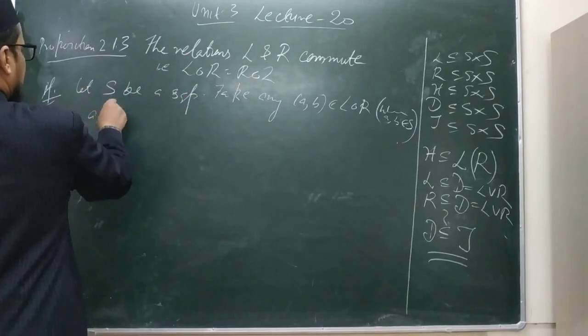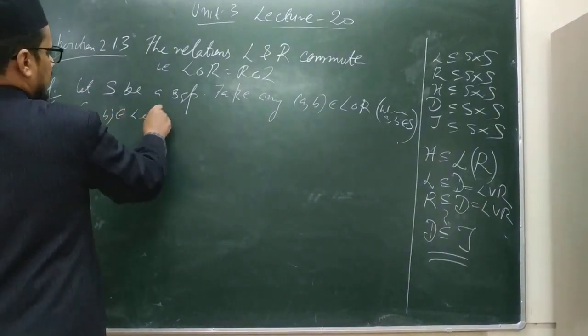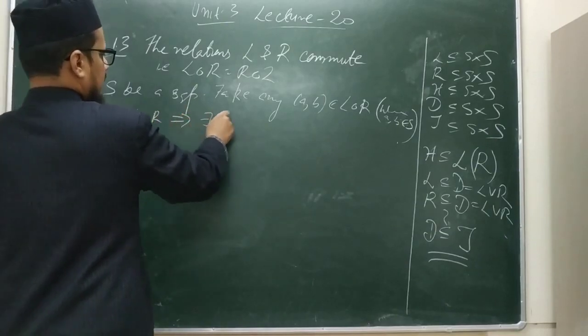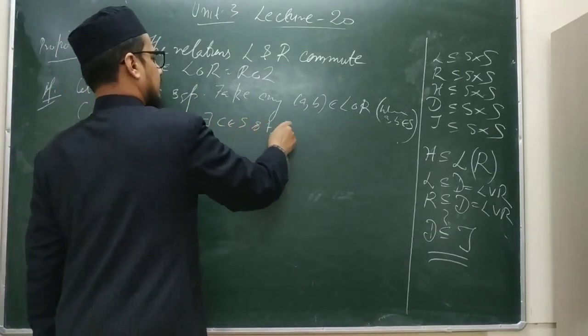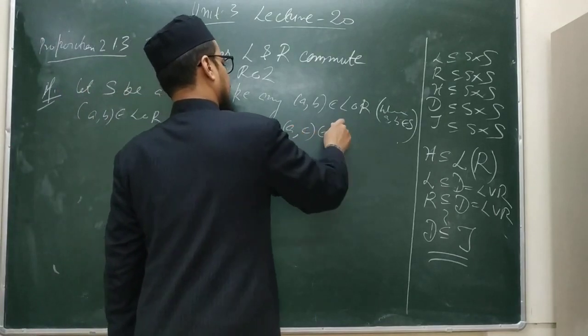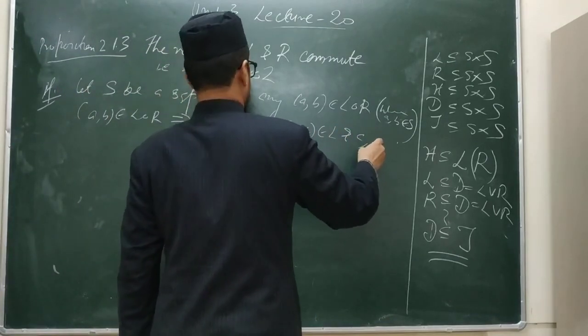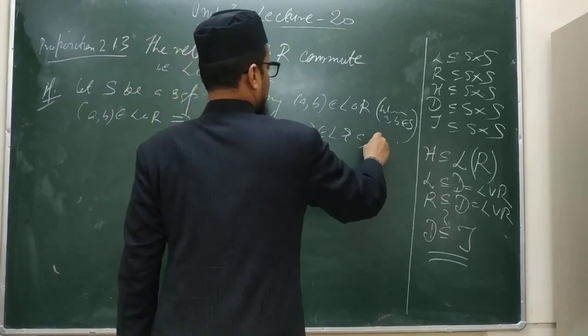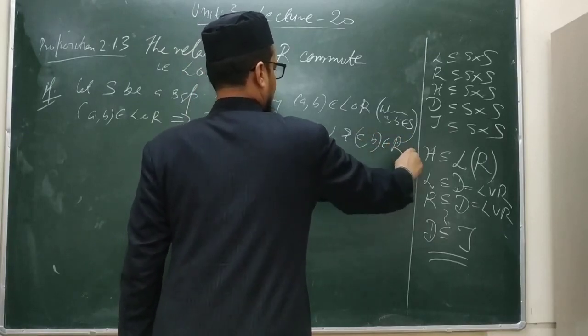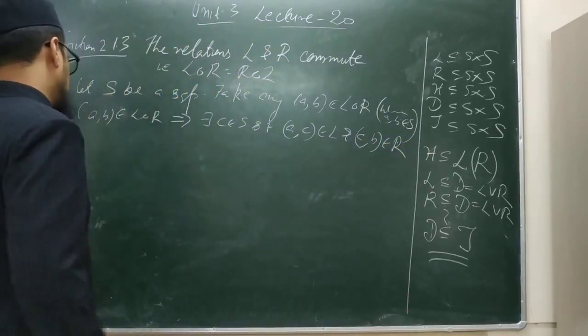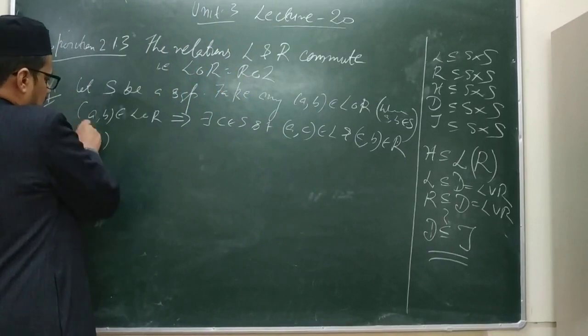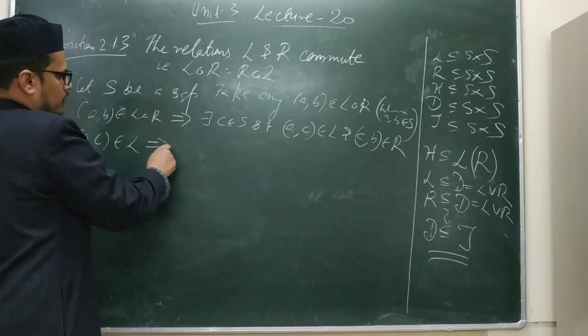So you see, A, B belongs to L composition R. It implies what? There exists C belongs to S such that A, C belongs to L and C, B belongs to R. Correct? Now A, C belongs to L. It implies what?